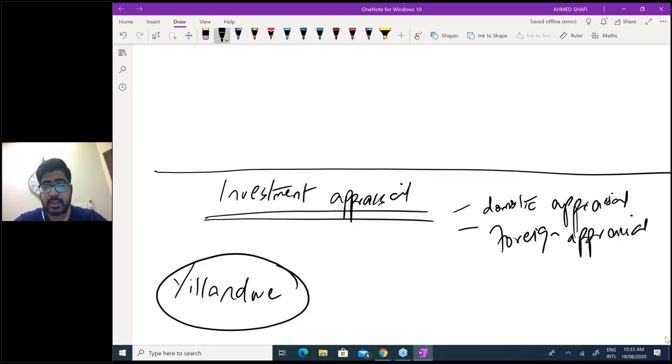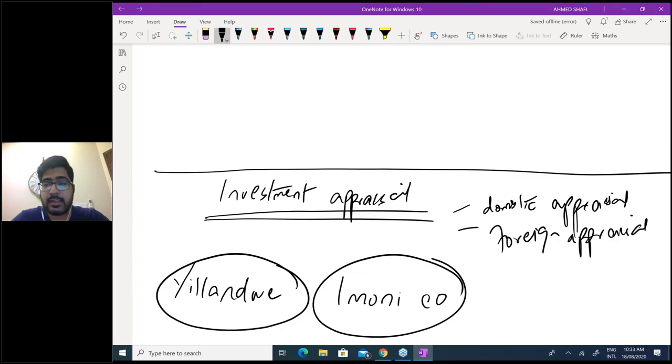They offered two concessions: zero tax and the opportunity to carry forward tax losses. Okay, and then we were told about Imani company, that Imani company was based in USA and it was planning to invest in an assembly plant in Yalandwe, where the financial projections and everything were given.